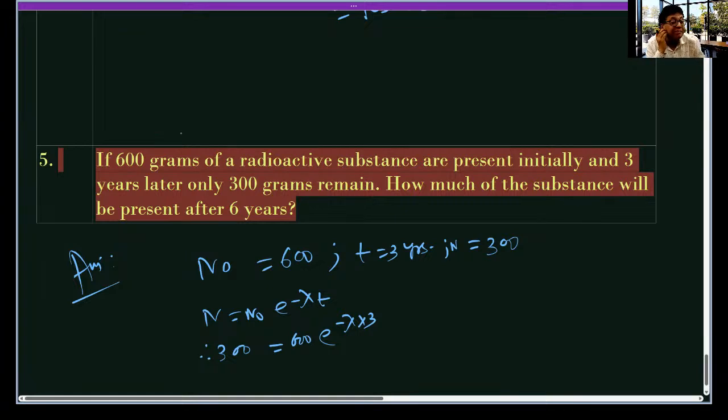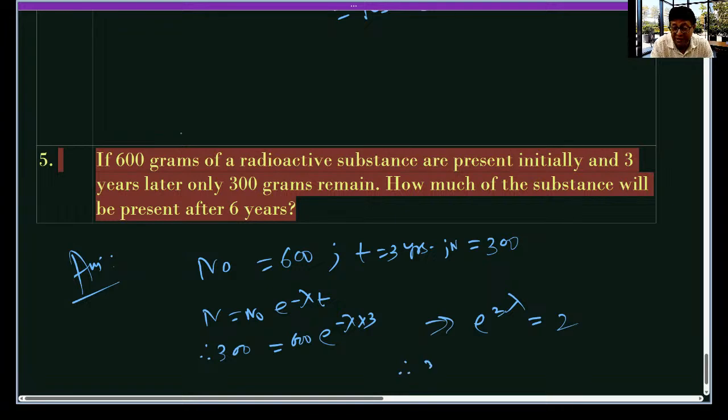See the problem here? Check. So e to the power 3 lambda is equal to 2. Just change the side, take it on the left side, 300 on the right side.